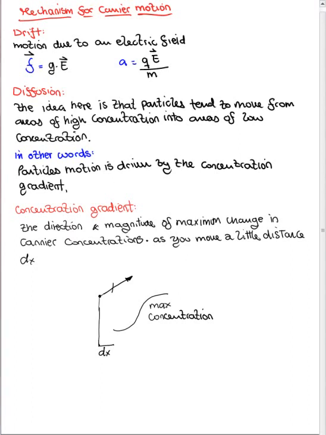So particles located in this region will move in the opposite direction of the gradient vector. So they will move down this way. And you can see that from the equations.